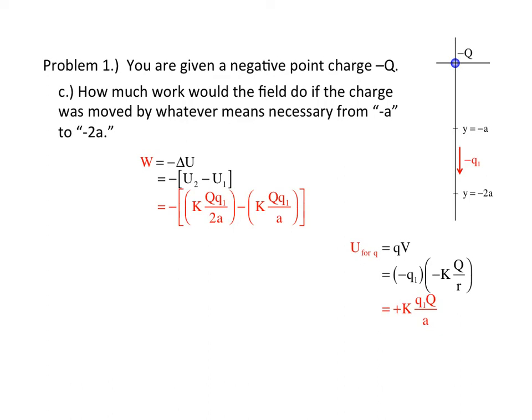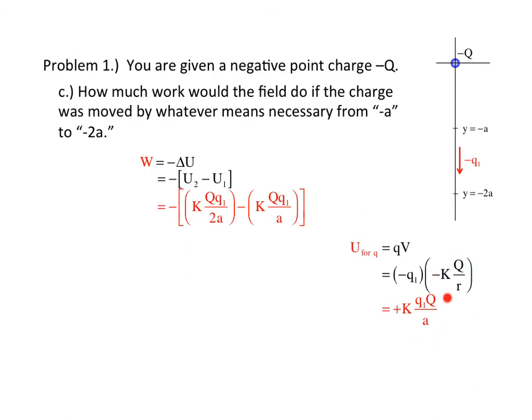Also notice these Q values are magnitudes. When we did the derivation to figure out what the potential energy function was, we unembedded the negative sign for Q1, we unembedded the negative sign for Q, making those magnitudes.